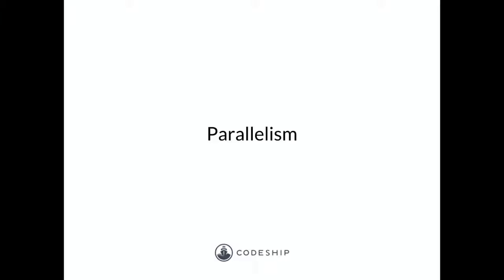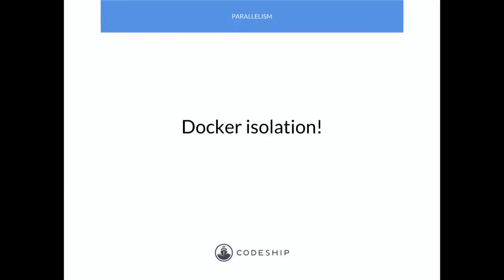And then another one of our goals was parallelism. Whenever you get to a bigger project, everything starts to slow down, and being able to do things in parallel really can help speed it up. But it's really hard. But we have Docker isolation. This is the same thing that you have from virtual machines, and containers bring that same thing.